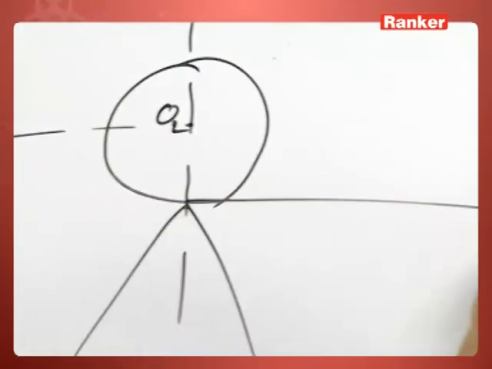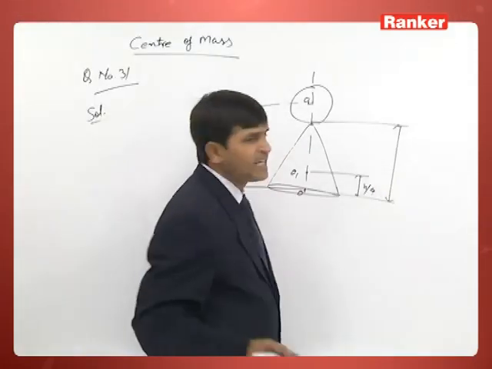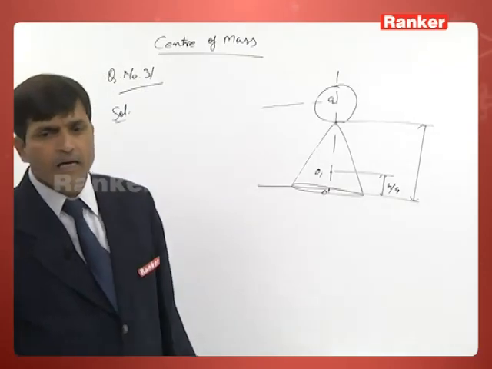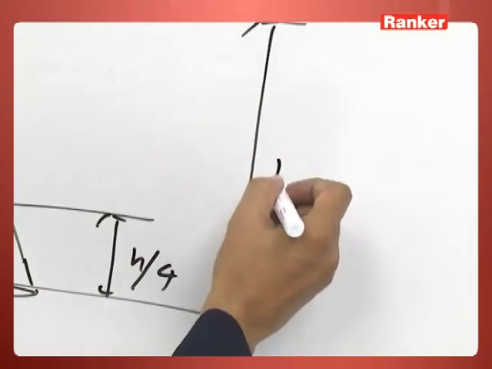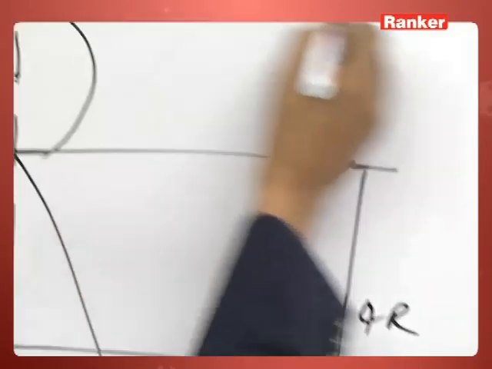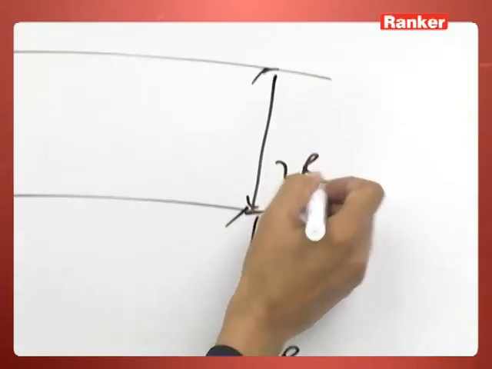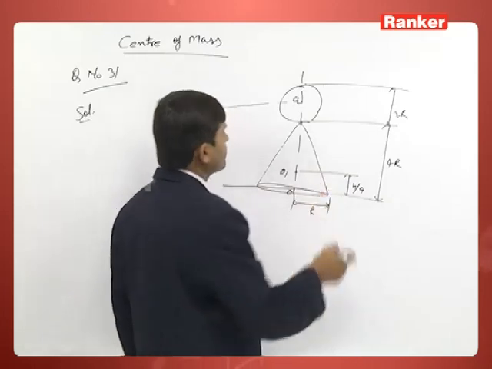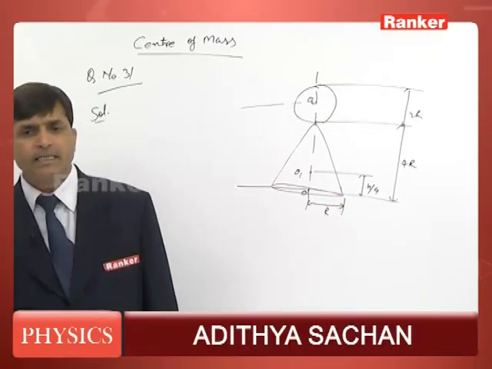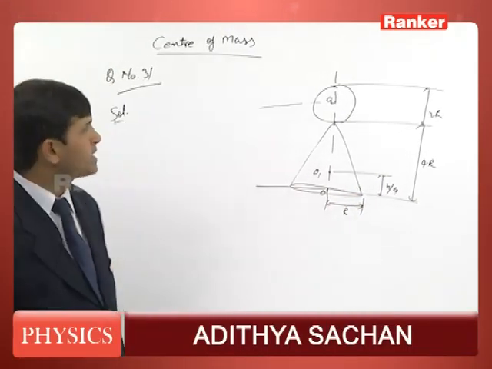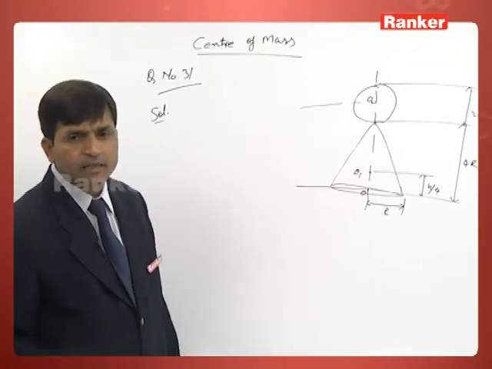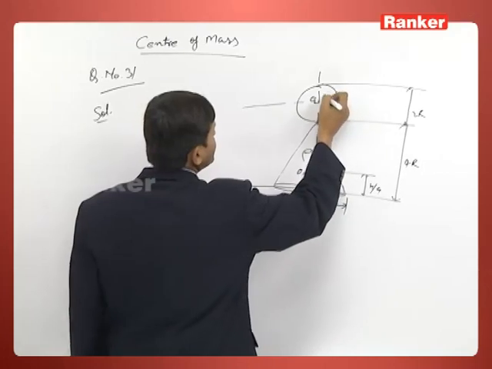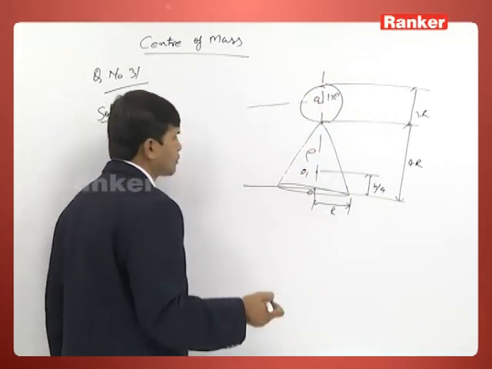The total height, as per the diagram, is given as 4r, this is 2r and this is r. One more point given: the density of the material of the sphere is 12 times the density of the cone. The density of the cone is rho and the density of the sphere will be 12 rho.